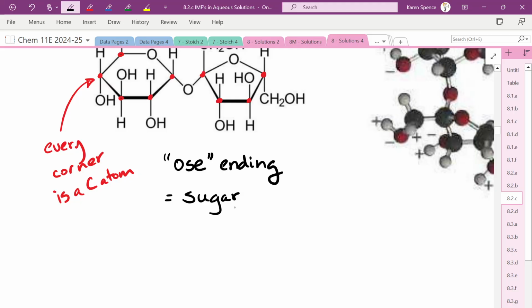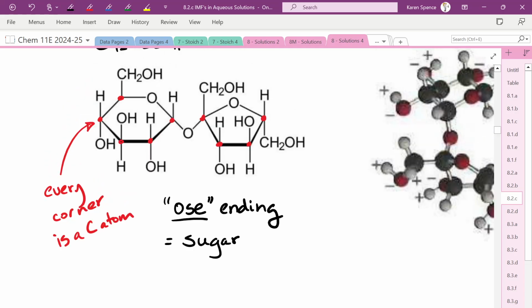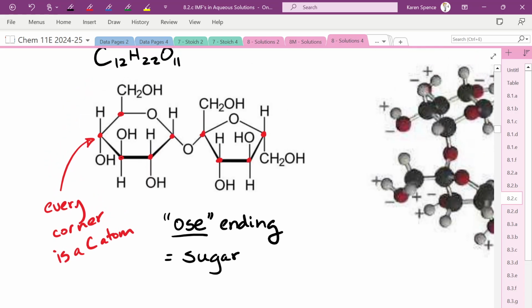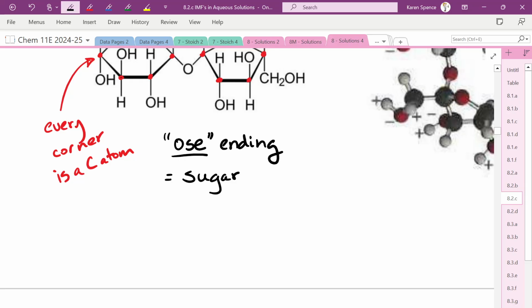Okay. Sugars have that -ose ending, and if you look at their structure, what elements do they contain? Carbon, hydrogen, and oxygen. And these are carbohydrates.